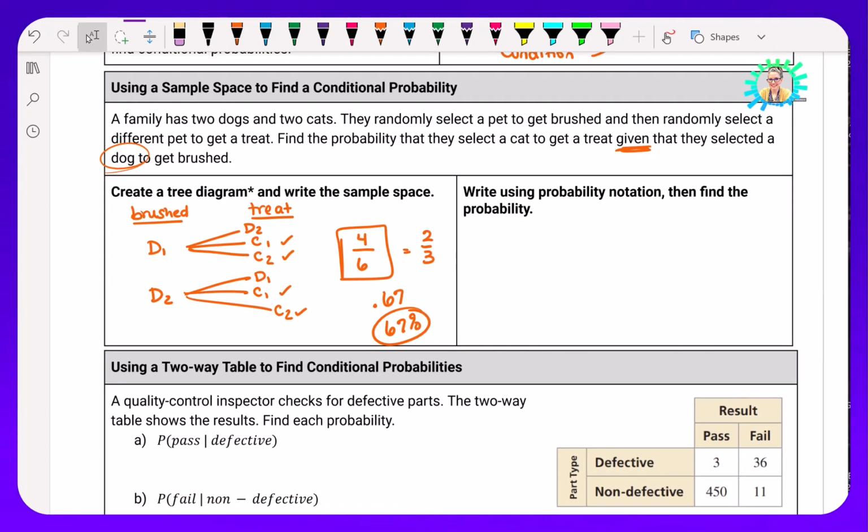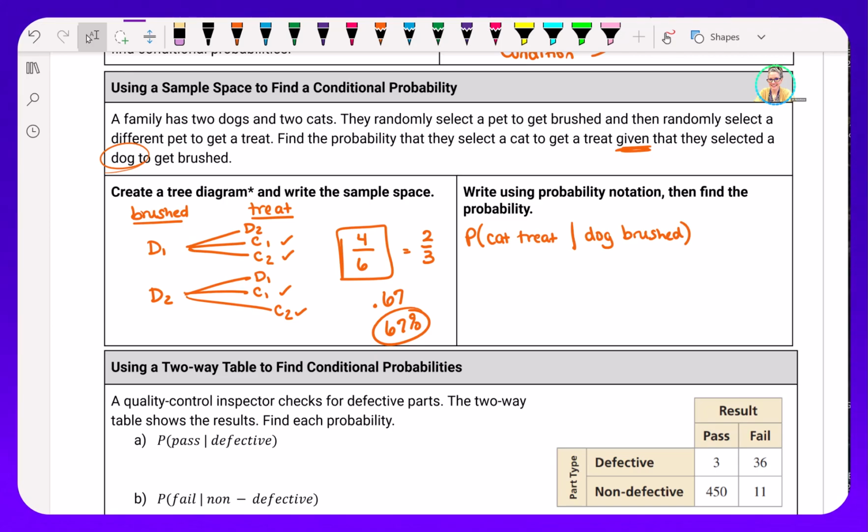Okay, this one says write using probability notation and then find the probability. Well, I just did that, so let's do the notation though. I got ahead of myself, sorry. So we're going to do the probability of, let's see, so they select a cat. So a cat gets a treat given, so that's what that line means, given that we have a dog get brushed.